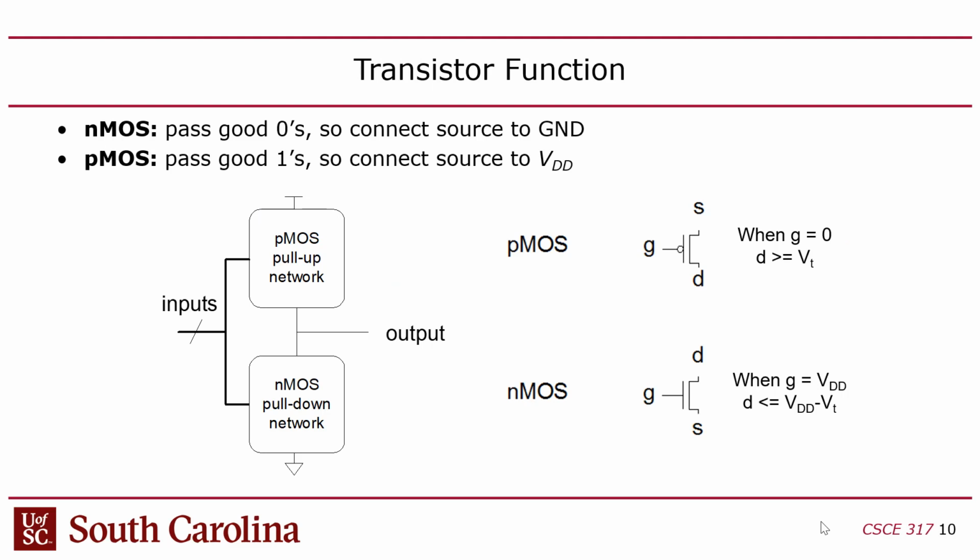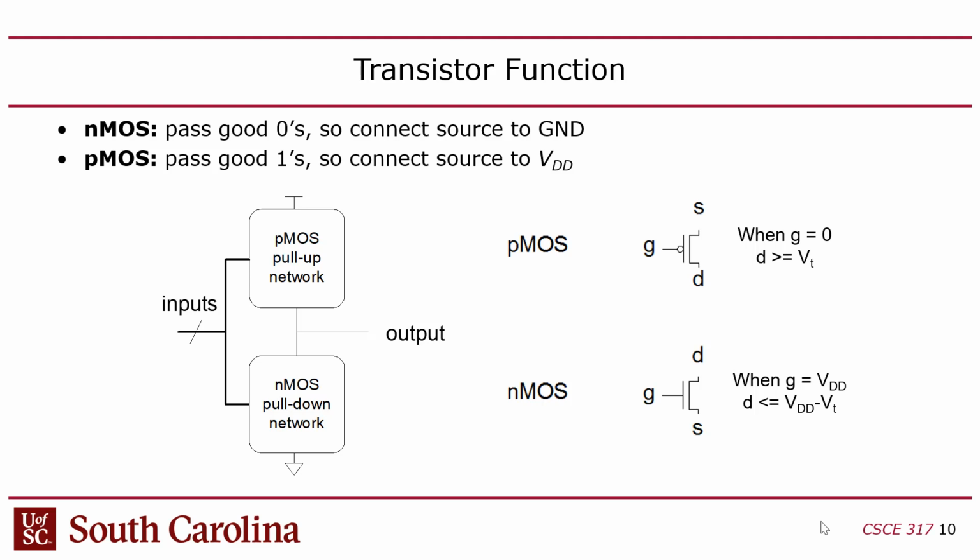Okay, so that's individual transistors. How do you use those to build logic gates? Because that's the objective. To build a logic gate, use CMOS logic, which stands for complementary metal oxide semiconductor.